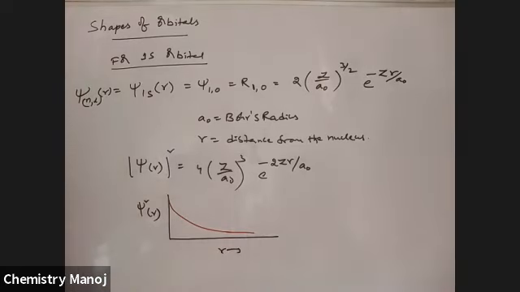Please keep in mind, it is psi square R, not the D function. It is just psi square. It is a line like this. Now I am going to find out the maximum probability.